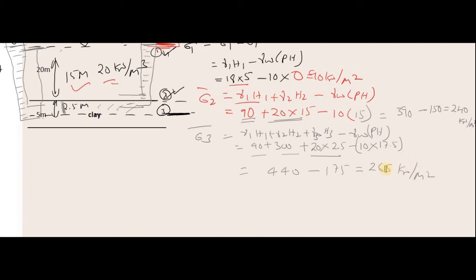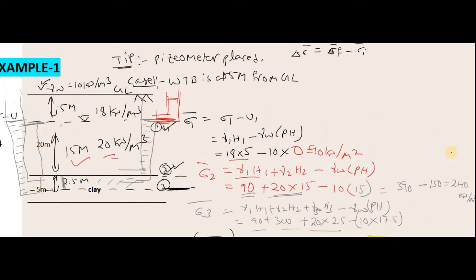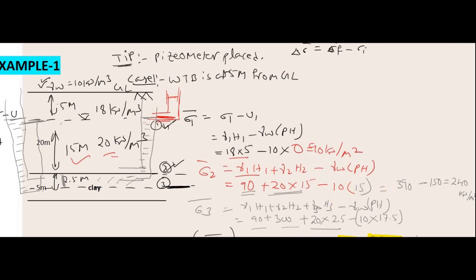So sigma 3 bar initial is 265. Now we'll calculate the second case.